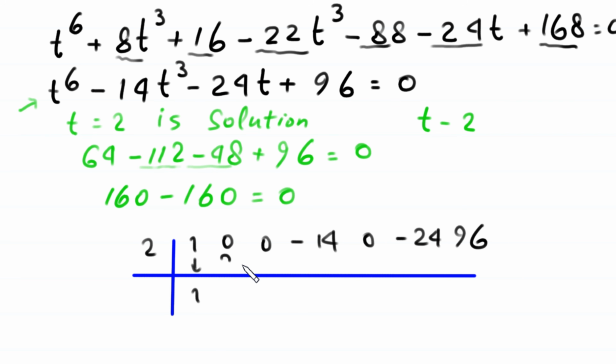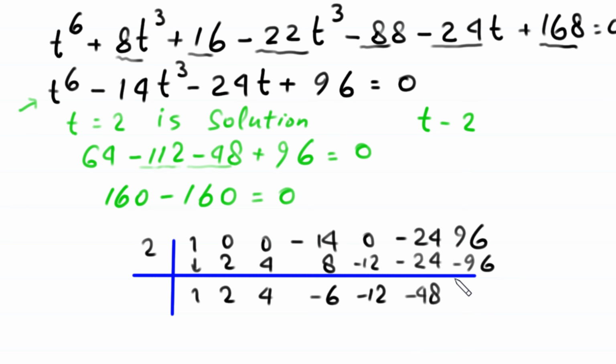1 times 2 is 2, 0 plus 2 is 2, 2 times 2 is 4, 0 plus 4 is 4, and 4 times 2 is 8. Negative 14 plus 8 is negative 6, negative 6 times 2 is negative 12, 0 plus negative 12 is negative 12, and negative 12 times 2 is negative 24. Negative 24 and negative 24 will become negative 48, and negative 48 times 2 is negative 96, so the remainder will be 0.